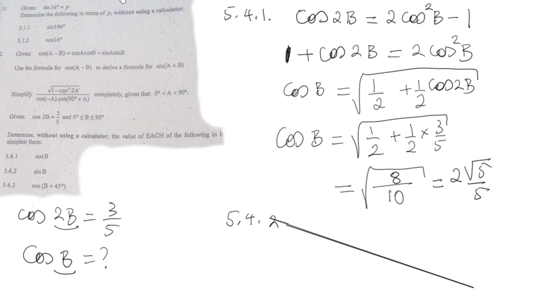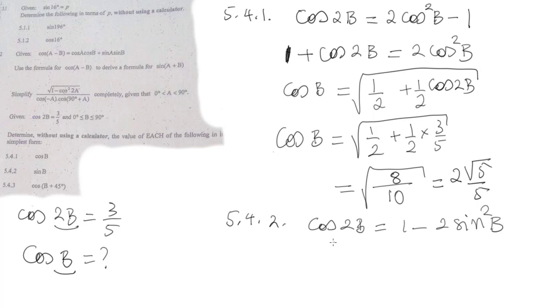Now, what will be for the next question, 5.4.2? We'll go with the same thing now. With the double angle of cos 2b in terms of sin, it will be 1 minus 2 sin squared b. So if we put here what is here, we can arrange the formula first. There we go.